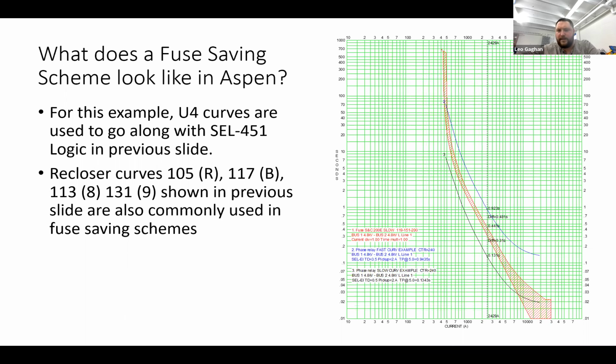And then trips 3 and 4 would operate on that curve 2, which would typically be called the slow curve. The goal is for fast curves to save the fuse, and then the slow curves to give the fuse an opportunity to coordinate with the relay once we've established it's not a temporary fault. So I figured I'd go back over that. It plays into the sequence coordination.